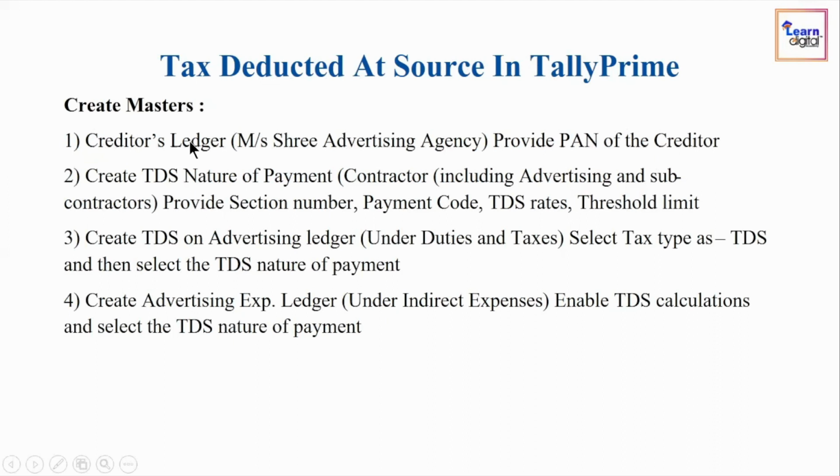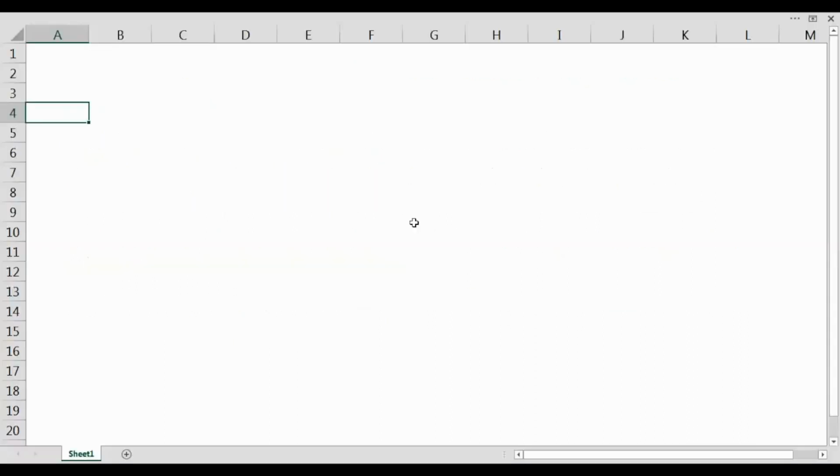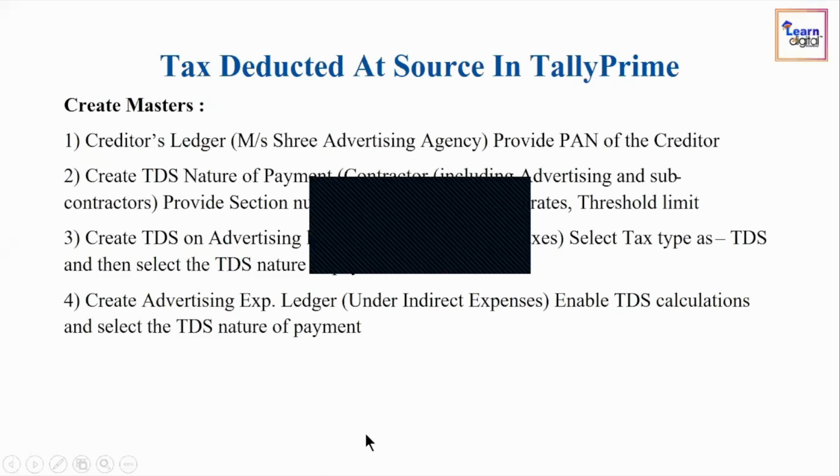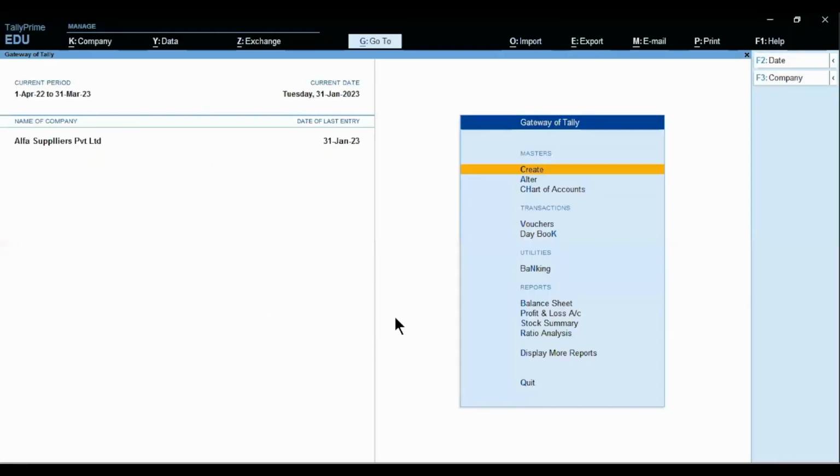So we will create the ledger Messrs. Shri Advertising Agency. This is our company, Alpha Suppliers Private Limited, and we will create the creditor's ledger first.